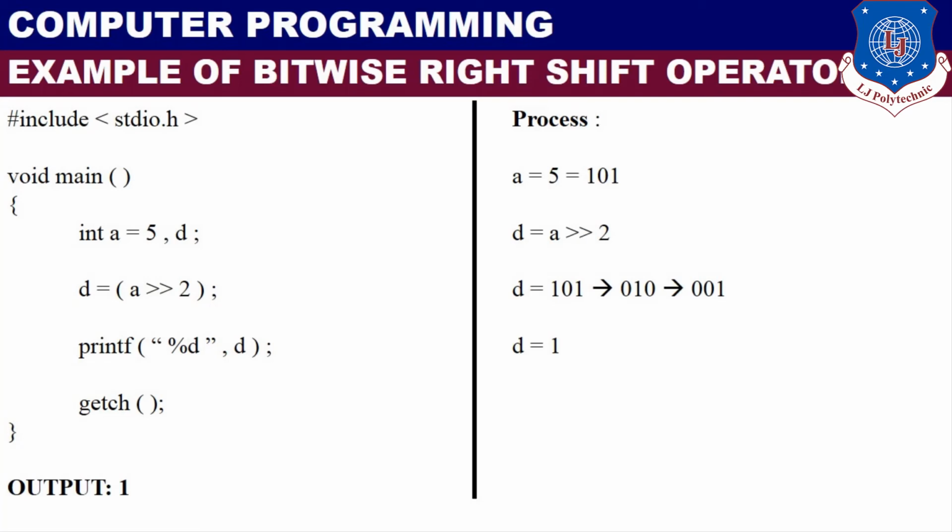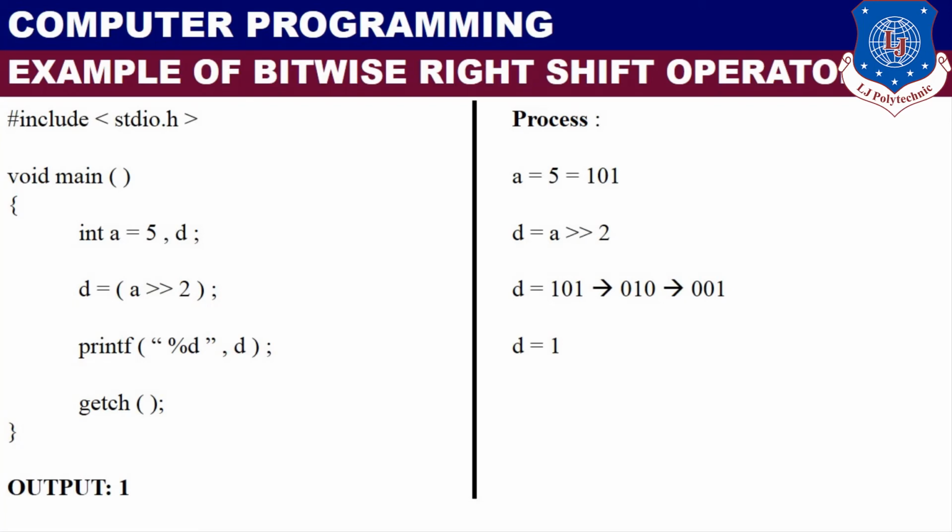So the first and second digits will be shifted out, and the third digit will come to the first position, and the rest of the 2 digits will be 0. That means the 1 that was at the third position will come to the first position, we have to maintain the length, so 2 zeros will be added behind it, and it will become 001, and 001 is 1.